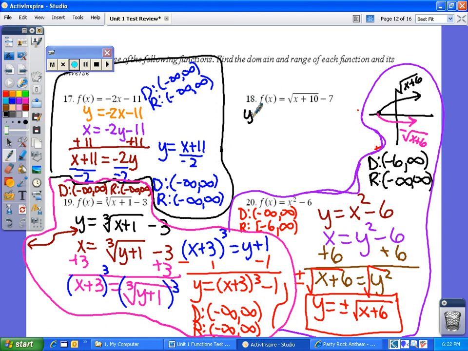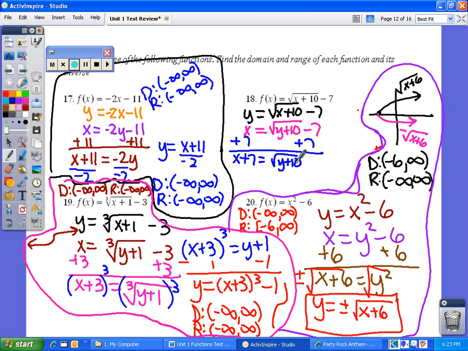Okay, remember, always write it in terms of y. Then you're going to switch the x and y. Get rid of that 7. And now the only way to get rid of that root is to square it.